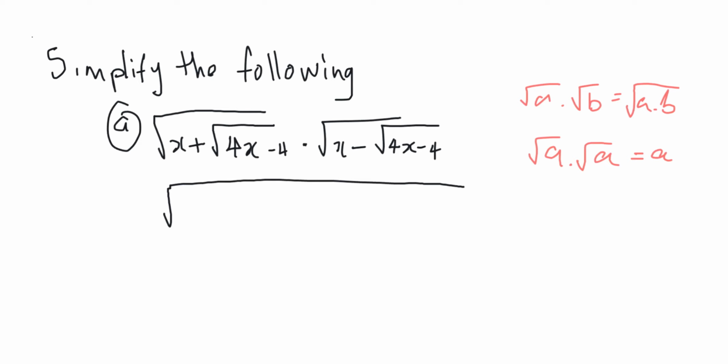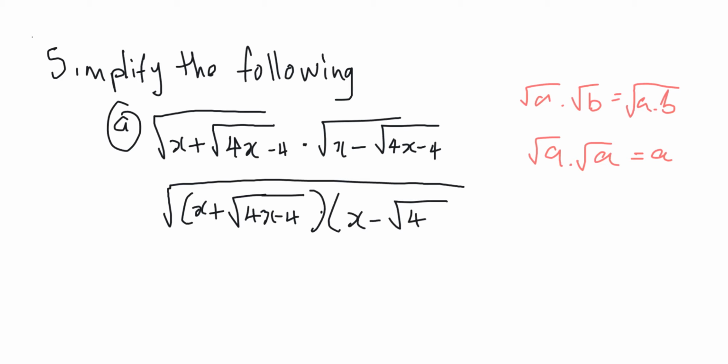So this is the same as the root of x plus root 4x subtract 4, close bracket, and the other bracket is x subtract root 4x subtract 4. Now this is the other bracket.